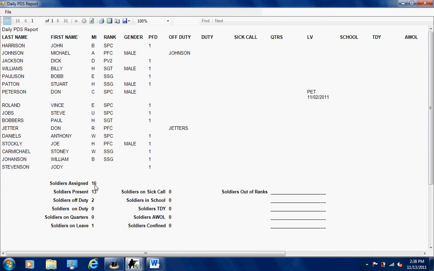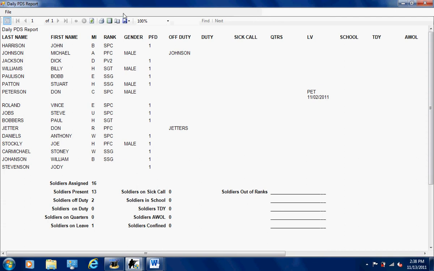You change that accordingly, and so on. Okay, and do your running number count maybe on the edges right here. 1 soldier out of rank, another soldier out of rank, 2, another soldier out of rank, totaling 5 or whatever soldiers out of rank.